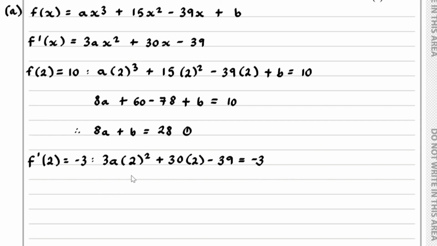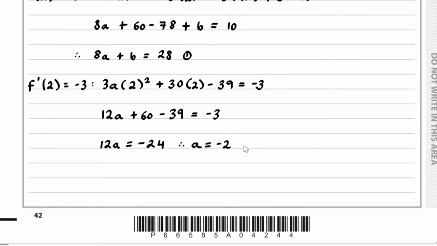This is equal to minus 3. 12a plus 60 minus 39 equals minus 3. 12a equals minus 24. A is equal to minus 2. We'll call this 3. Just move this over here. And now if we substitute 3, let's call this 2.